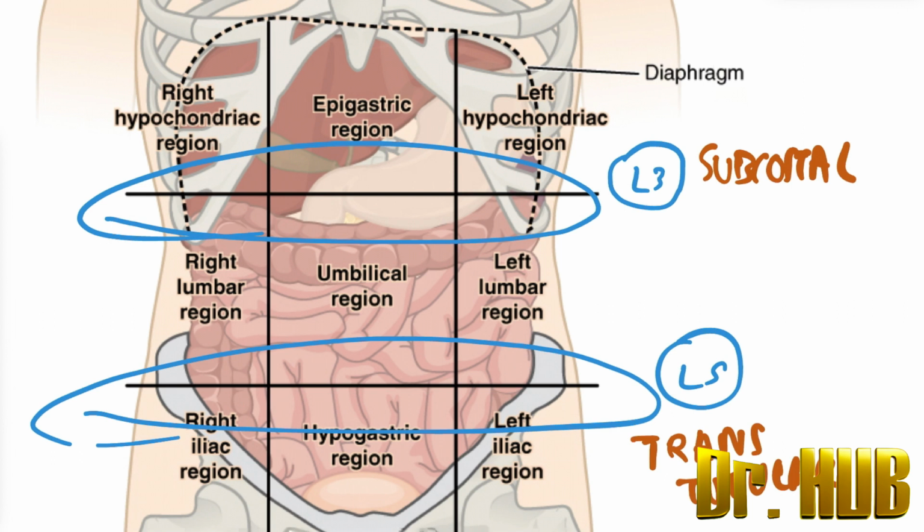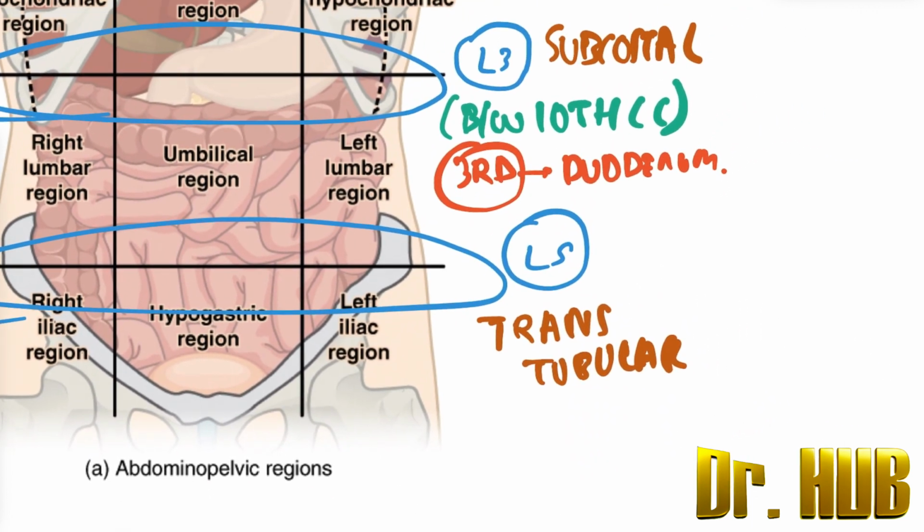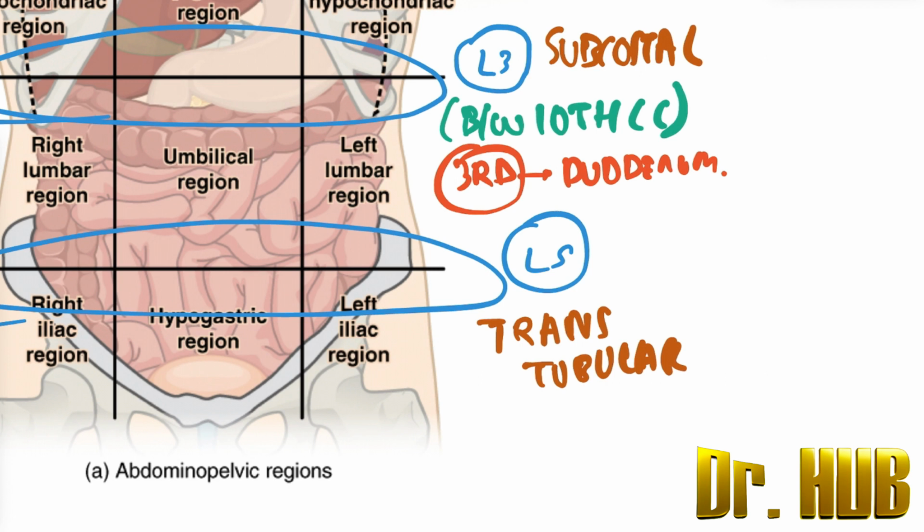The L3 subcostal plane is between the 10th costal cartilage. It corresponds to the third part of the duodenum. And then we saw L5. What is special about L5? L5 is the transtubercular plane, and it lies between the tubercles of the iliac crest.